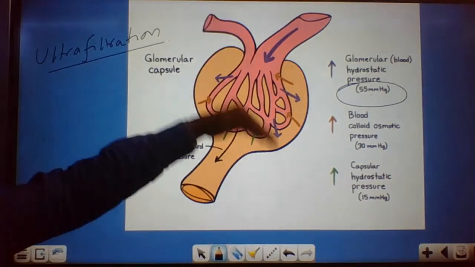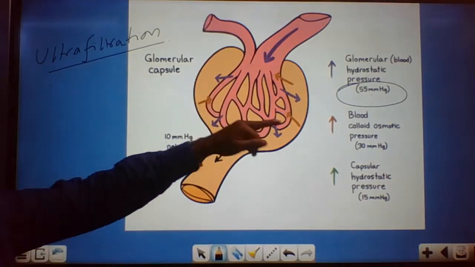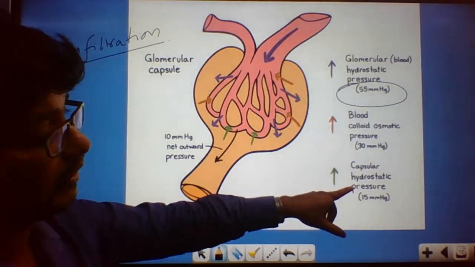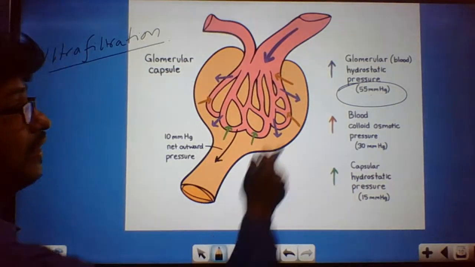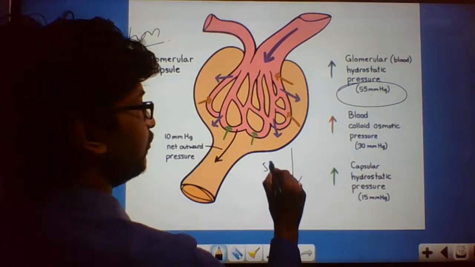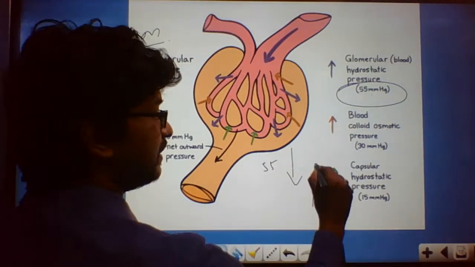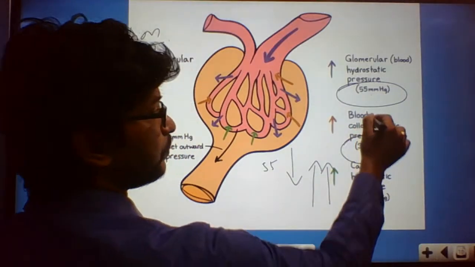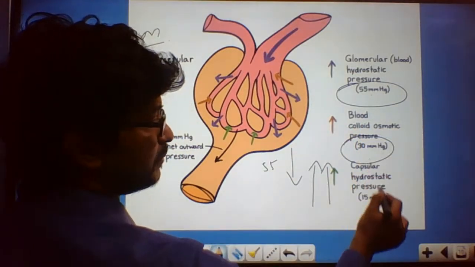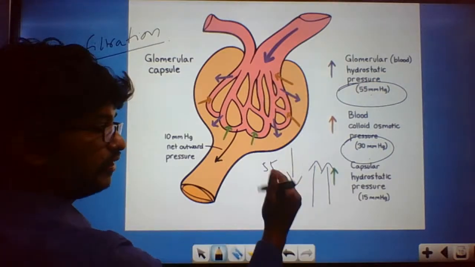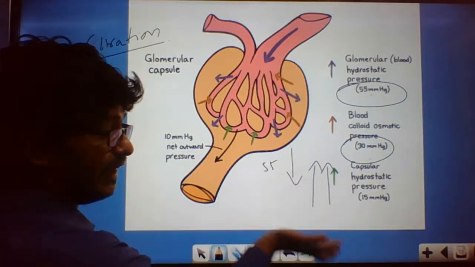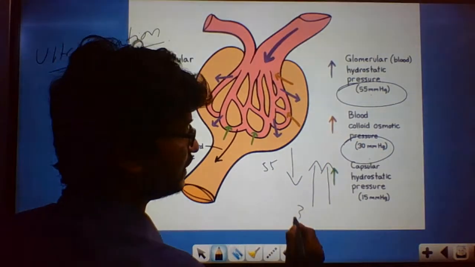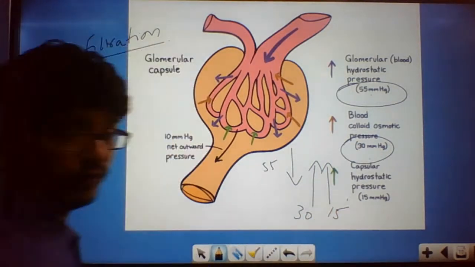This is how the blood flow is coming. Against this we have the colloid osmotic pressure and the capsular hydrostatic pressure. The blood comes in at 55, and these two act against the hydrostatic pressure: the blood colloid osmotic pressure and the capsular hydrostatic pressure. Here you could see 30 and here 15.